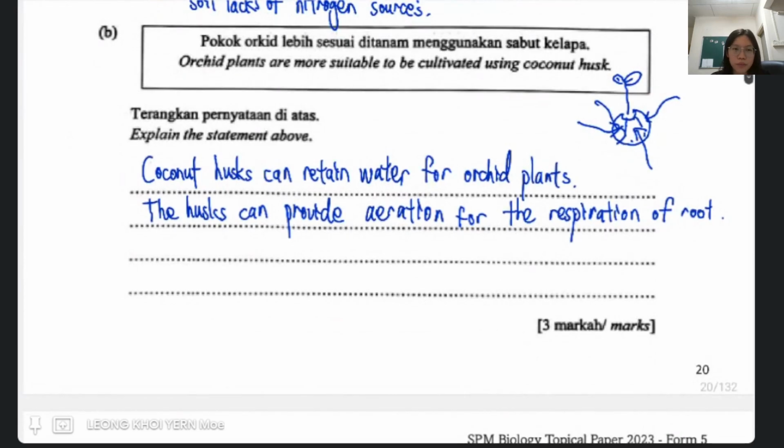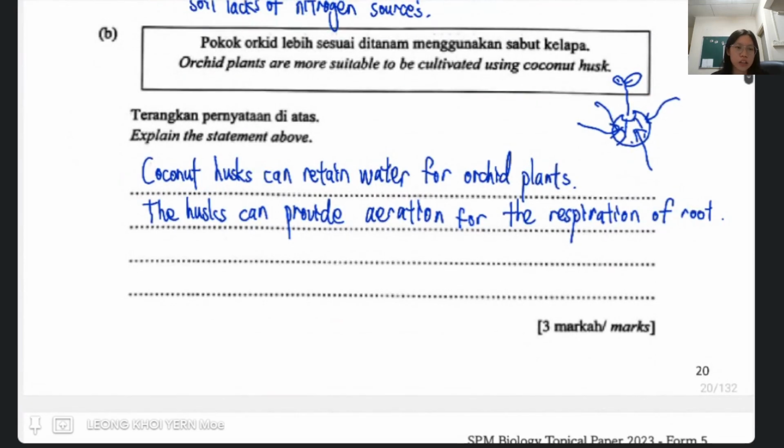The roots need cellular respiration to generate energy. Why do they need this energy? It's for the active transport, the active uptake of mineral ions, because active transport requires energy.